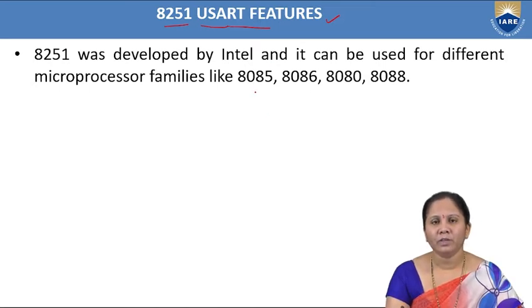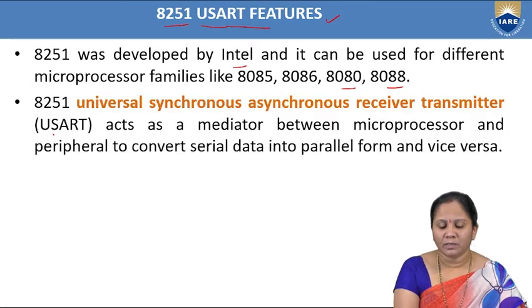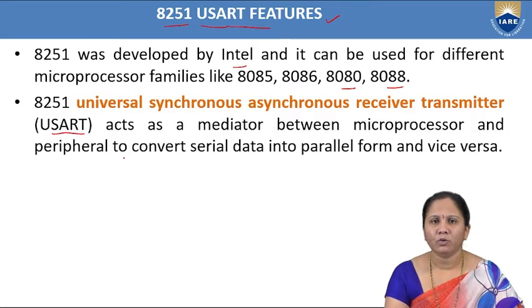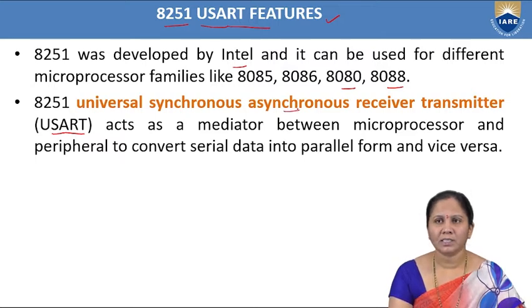This 8251 USART is developed by Intel and it is compatible with many types of microprocessors. Not only 8086, it is also compatible with 8085, 8080 and 8088 microprocessors. This USART 8251 IC represents Universal Synchronous Asynchronous Receiver Transmitter.